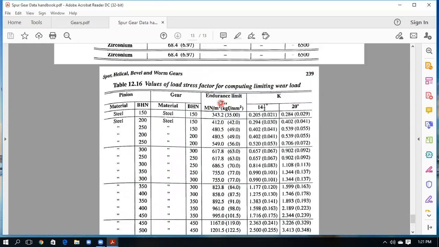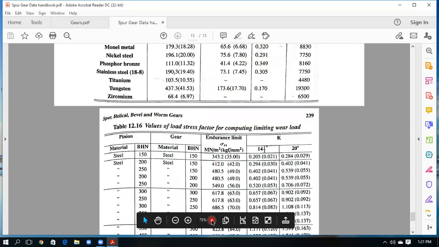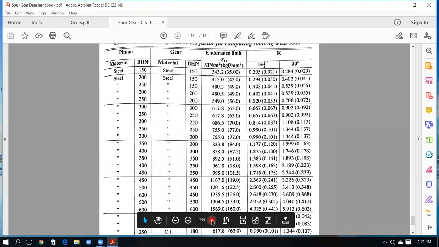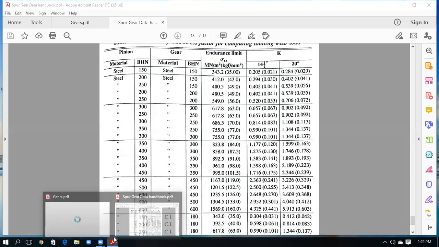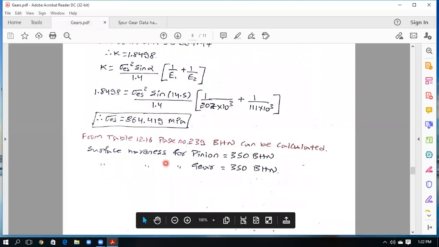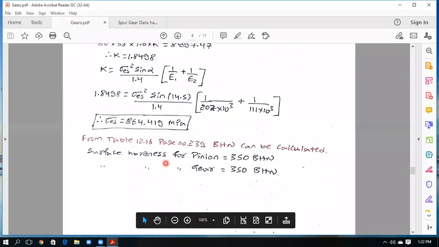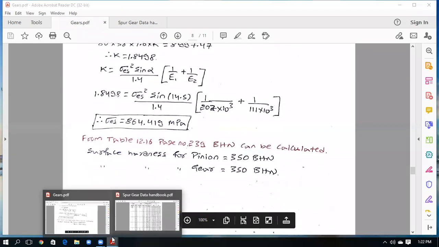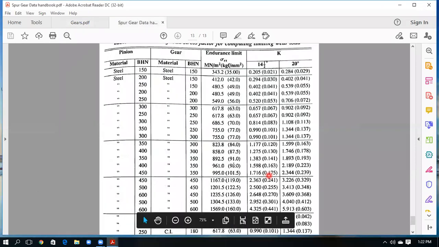In this table, you need to refer to where it is 864. Here it is, 858 is there, and according to that the K value is 1.275, and the K value we are getting is 1.84.